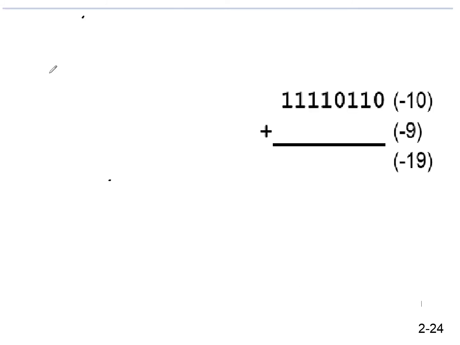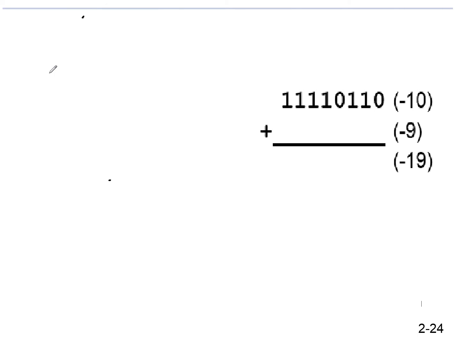So I've placed the addition problem over on the right hand side. Before we get started, what we have to do is we have to determine or establish what negative 9 is. So if I start from right to left, which is how I like to think about it, right? We've got 9 is an odd number, so we're going to have a 1, 0, 0, right? 1, 2, 4, 8, right?